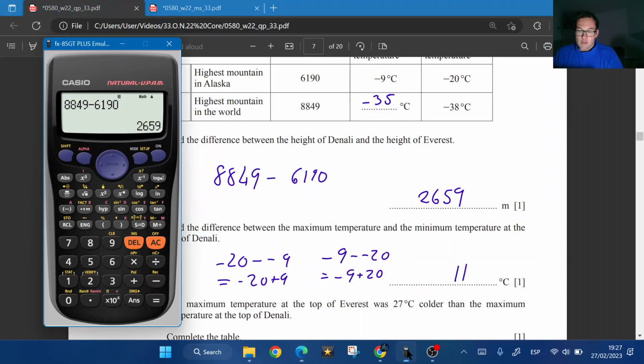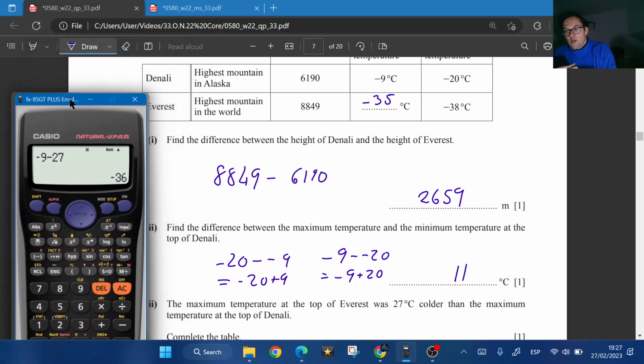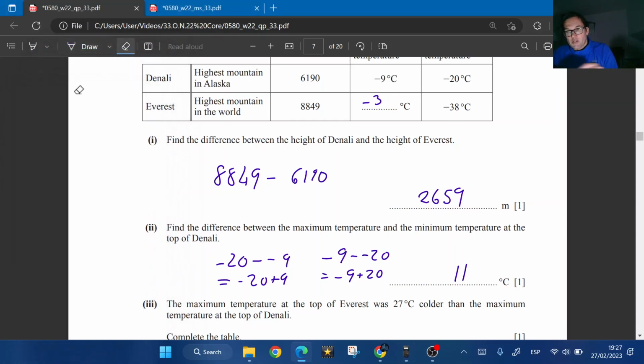Definitely check it with your calculator, because if you make silly mistakes like I do, you don't want to lose marks. Oh, it was minus 9. It's getting late here. Okay, 36, minus 36 degrees Celsius.